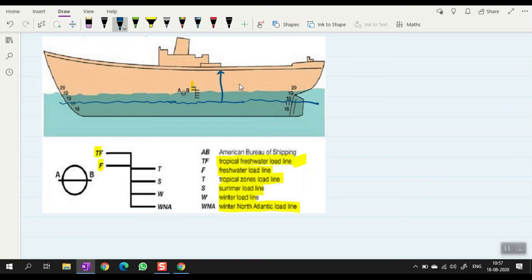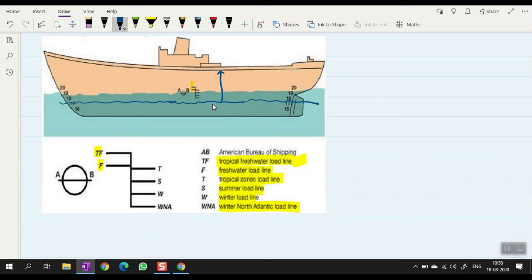In that case you need to load the ship more so that it can submerge more. So these kinds of precautions have to be taken in order to keep the ship safe and floating above the surface of water when it enters from one region to another.